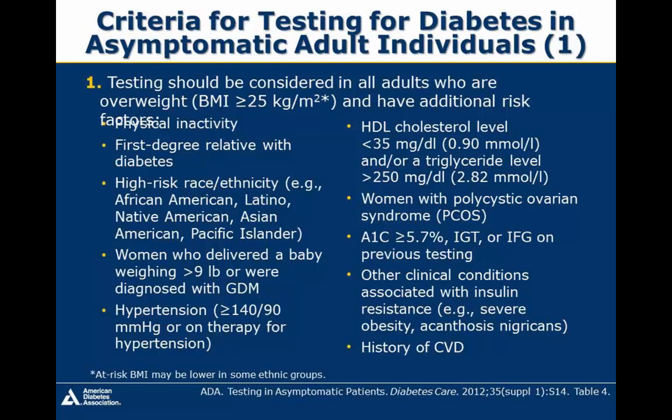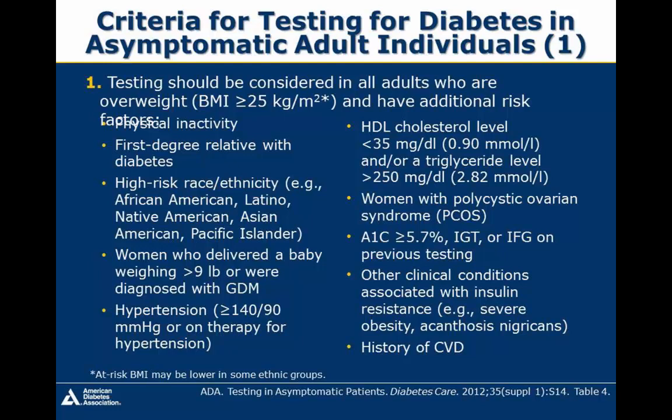Screening is done for every individual greater than 45 years of age, and you do a fasting blood glucose level, and if it's abnormal you could do the 2-hour postprandial and the glycohemoglobin every 3 years, or even earlier if the patient has metabolic syndrome, or if the patient has any other additional risk factor that could lead to diabetes.